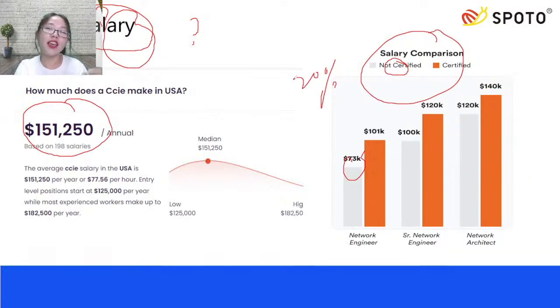If this is your problem, you can comment below. Anyone who has this problem, you can comment below. I will help you pass the CCIE exam, and I will give you some tips. Don't worry, I will help you prepare well for the lab exam.